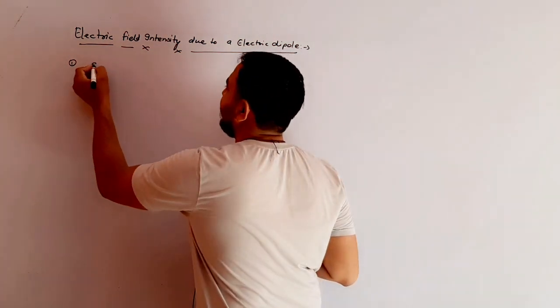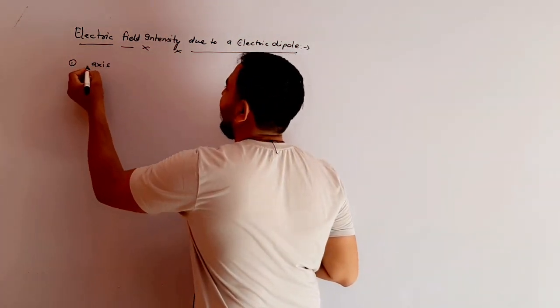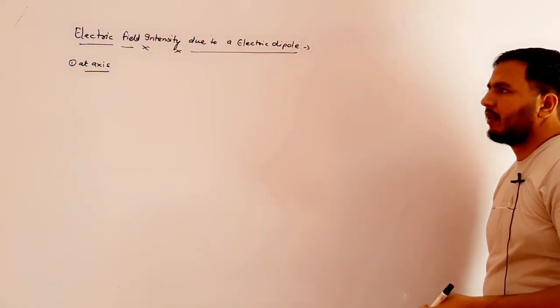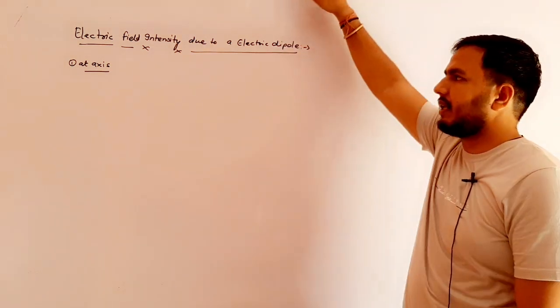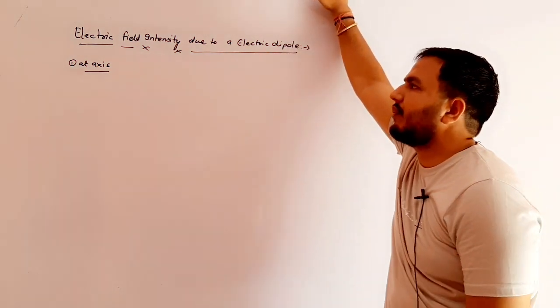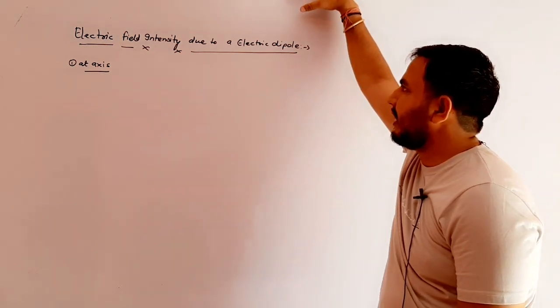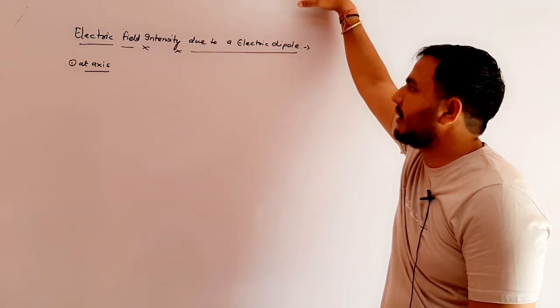First is at axis. This is the first condition. When the board says in the examination to find out the electric field intensity at the axis of the electric dipole, clear?